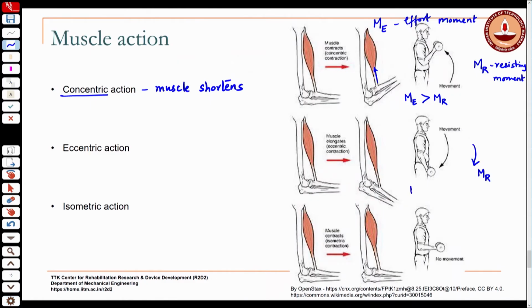There is no resistance to it, but this muscle may actually exert tension, be activated as it is lengthening, to slow down the movement of the load. So, this kind of action where the muscle is lengthening, but it is still active, is called an eccentric action.